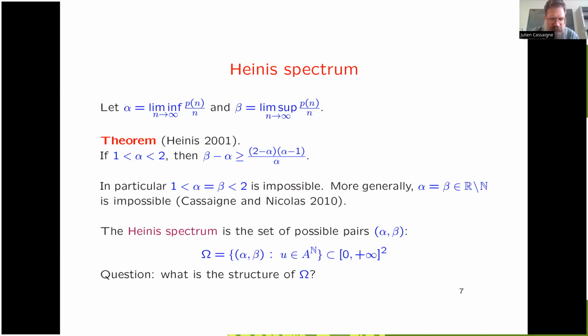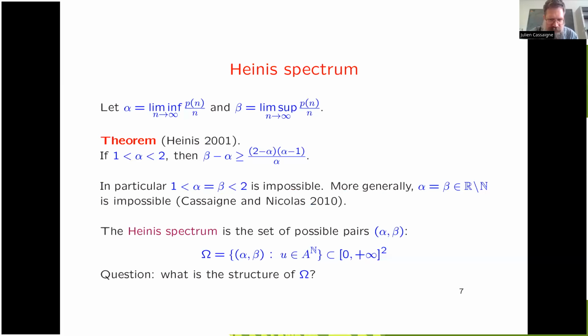So it is impossible to have complexity equivalent to alpha n for some alpha strictly between 1 and 2. And with François Nicolas, we extended this result: any real number which is not an integer cannot be the limit of P of n over n.